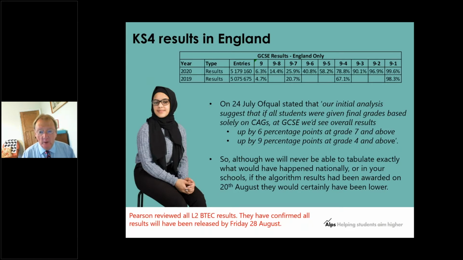So we can't tell you for certain, but there's a fairly good steer there that nationally results boomed because of the CAGs, except until last Friday, the level 2 BTEC results, which have just been confirmed to you, and hopefully you're now happy with those as well.